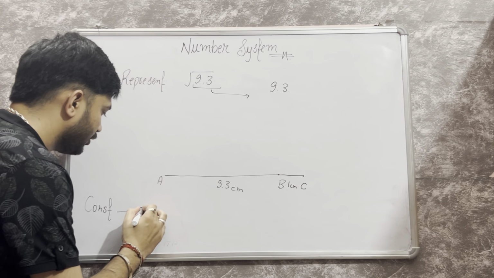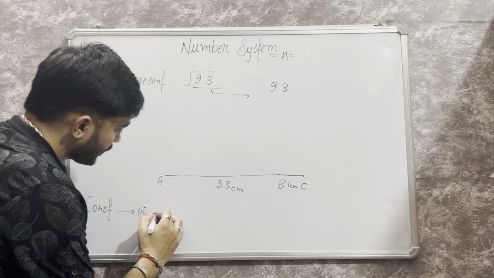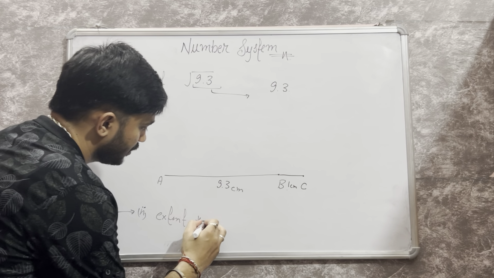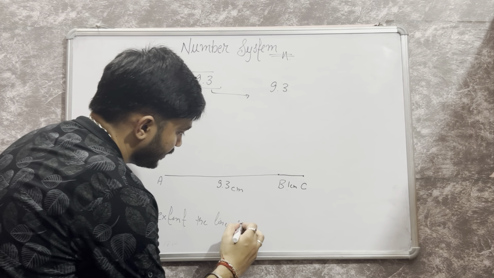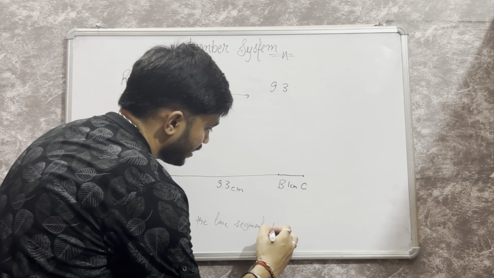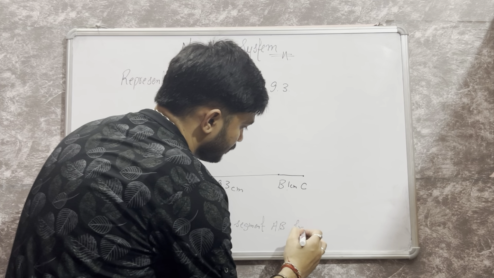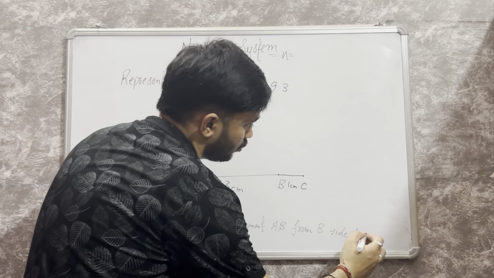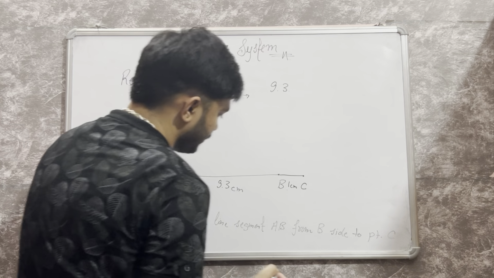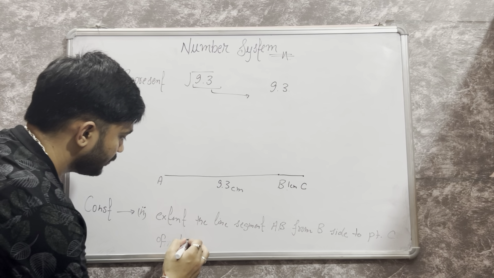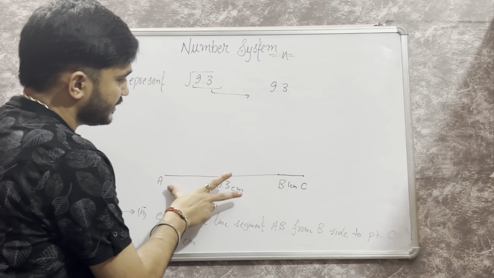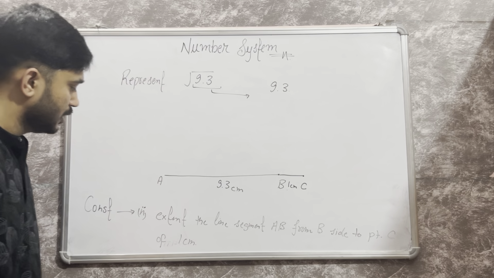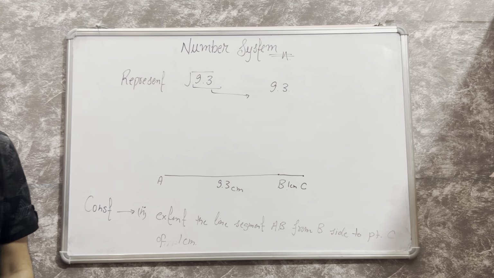So our second step of construction is going to be: extend the line segment AB from B side to point C of 1 centimeter. That you are extending this AB line 1 centimeter from B and name it as BC. Any doubt? This is the second step of construction.